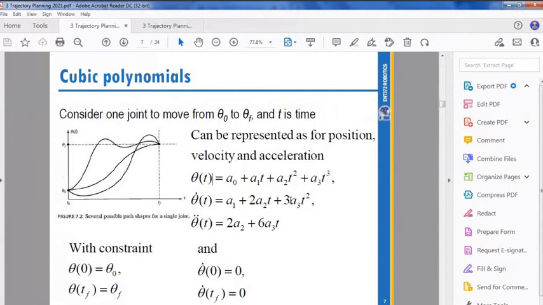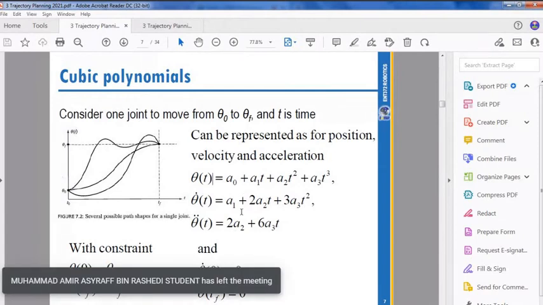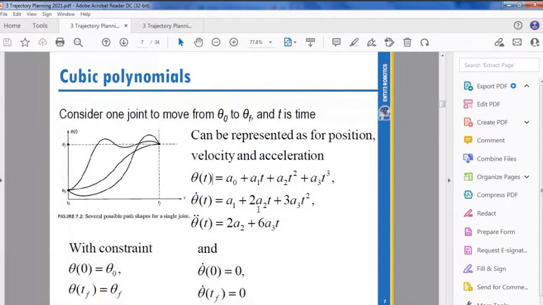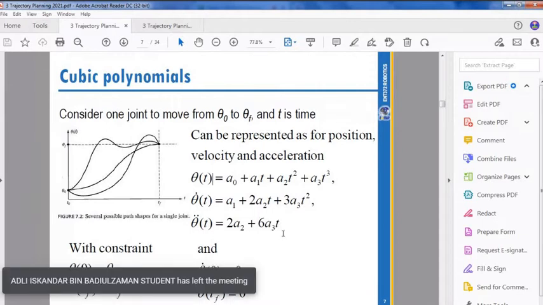So if you differentiate again over time, A1 can be cancelled, so t to the power of 1 minus 1 is 0, t to the power of 0 is 1. So 2A2: the 2 comes to the front, multiplied with 3 is 6. So 2 minus 1 is 1. So 6A3 multiplied by t. So this is the equation for acceleration.